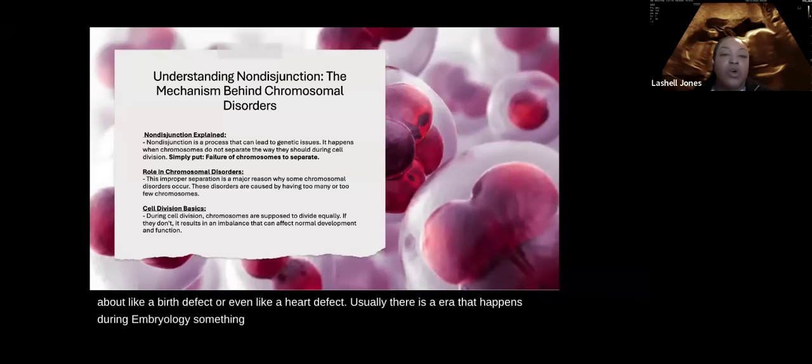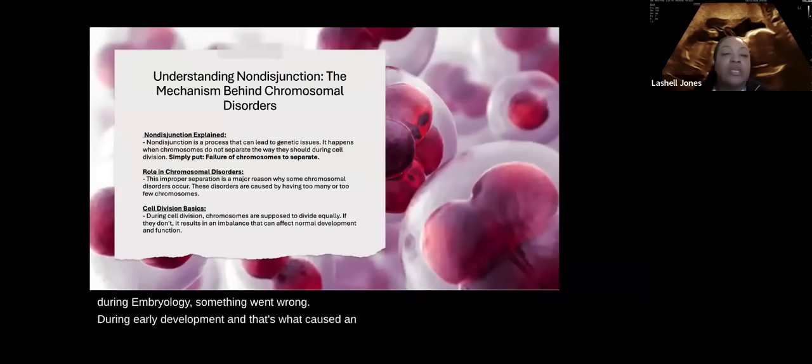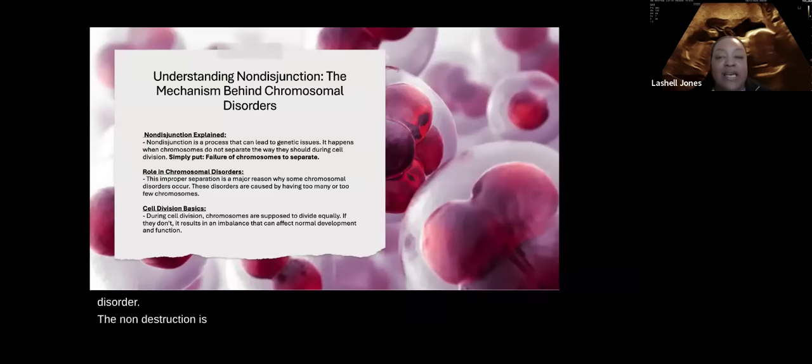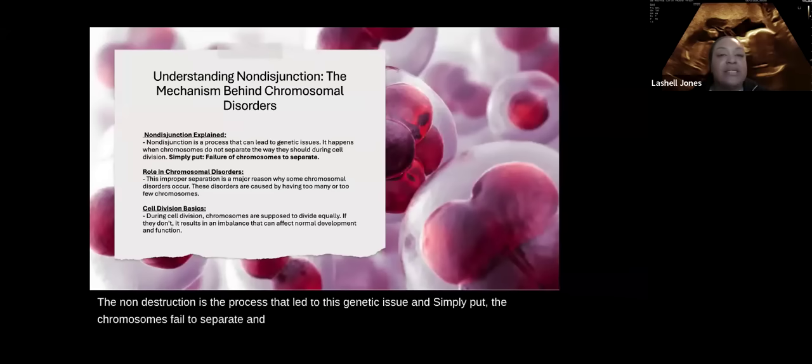Something went wrong during early development, and that's what caused an issue. So in the case of a chromosomal disorder, nondisjunction is the process that led to this genetic issue. Simply put, the chromosomes fail to separate.